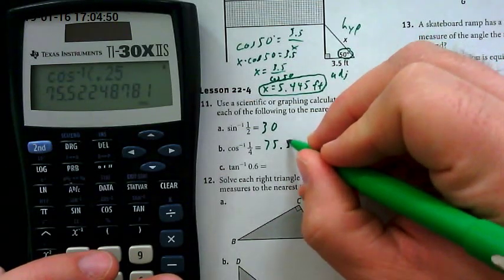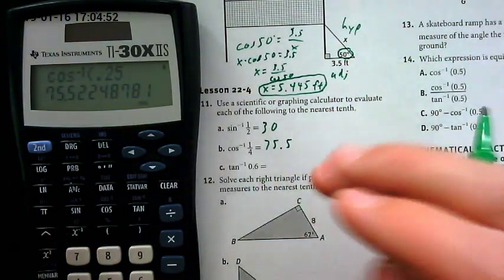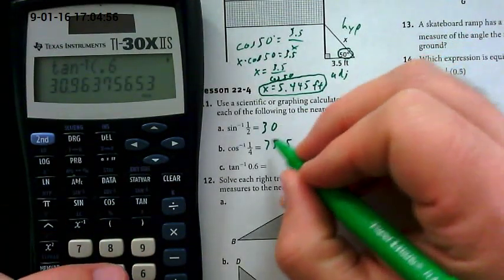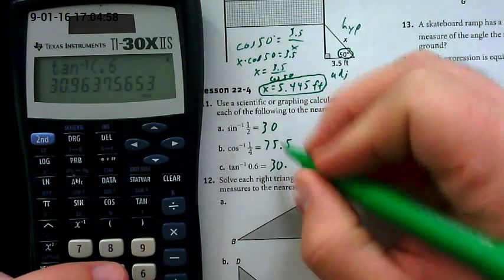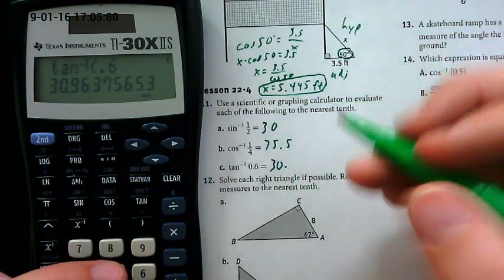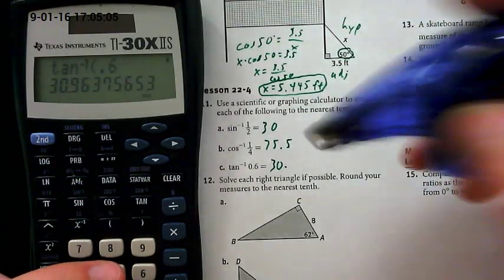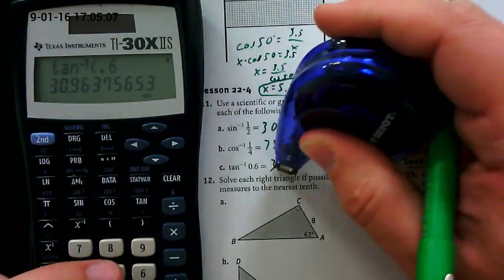They wanted us to round to the nearest tenth. And then inverse tangent of 0.6 is 30.96, which will round up to 31.